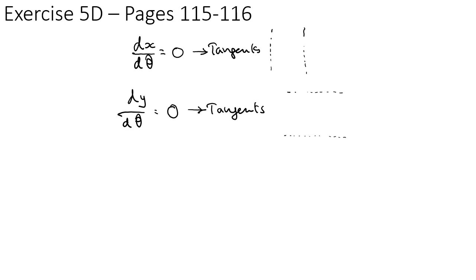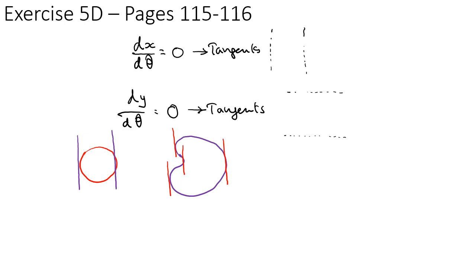And just remember that depending on the graph, a graph like this, for example, only has two of these, and a graph that has a dimple, there we go, a lovely dimple there, it has 1, 2, 3, 4 of these. Now that's the same if the graph was facing the other way.